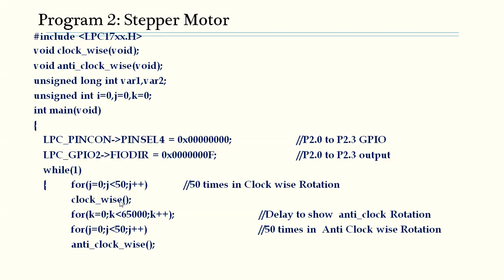This is the delay between the clockwise and the anti-clockwise, so that when it switches over, there is some time provided for the motor to switch, because it's an electromechanical system, so you cannot expect it to be rotating instantaneously.